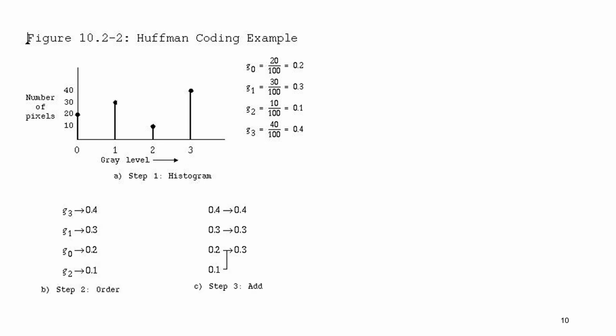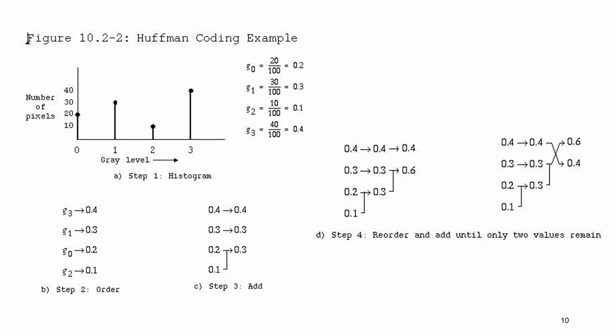Next step, we are ordering, that is we have to arrange it in descending order. Next step, we have to add the last two probability values of the gray levels. 0.2 plus 0.1 is 0.3. Next step, we have to reorder again. When we add, if the value is higher than the already arranged value, we have to make it descending order again.